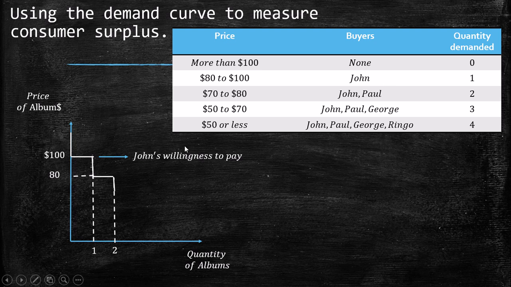Now there are going to be 2 albums demanded where the price is from 70 to 80. Remember that 80 is Paul's willingness to pay.